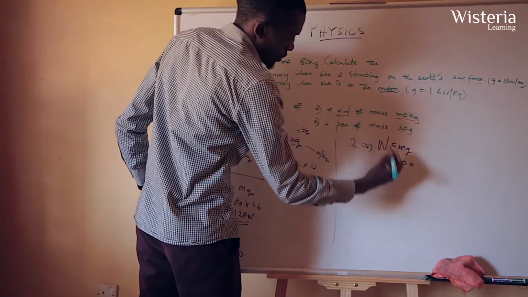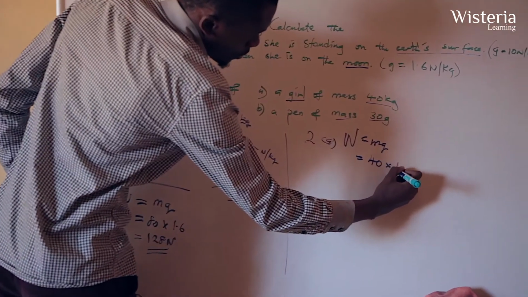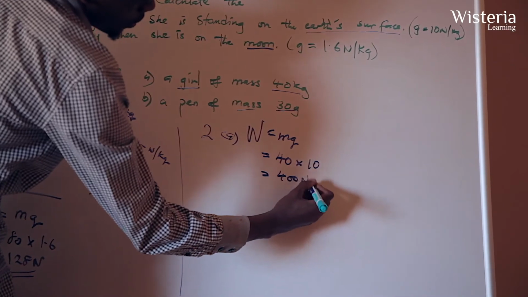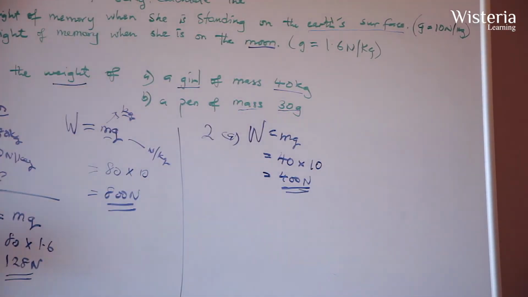This will give us 400 newtons. So that's how we calculate the weight of that girl.